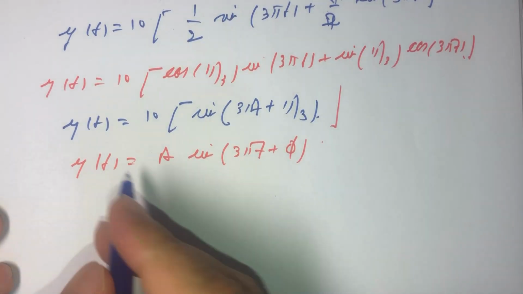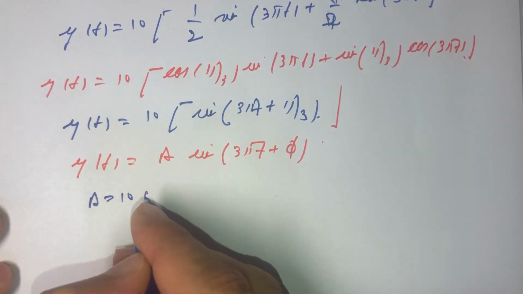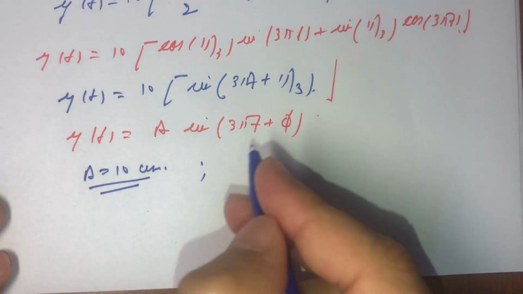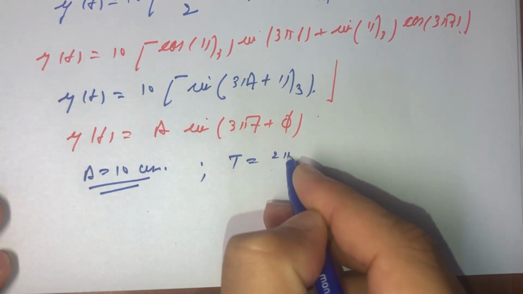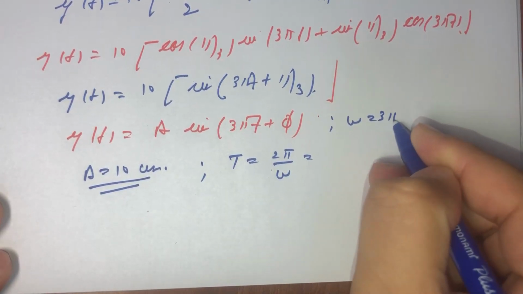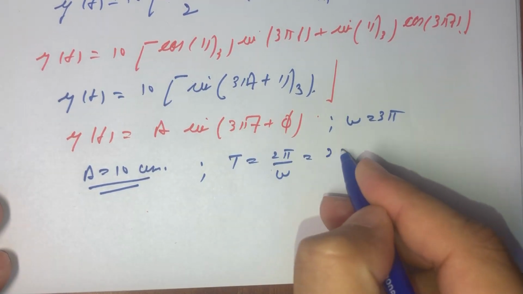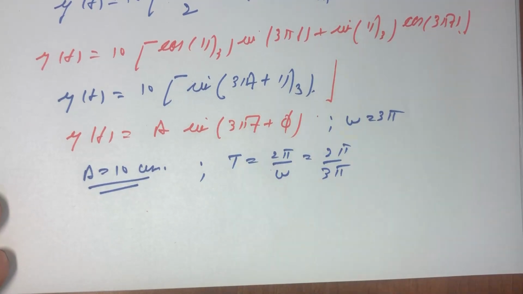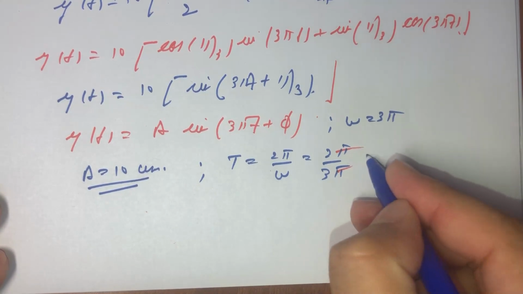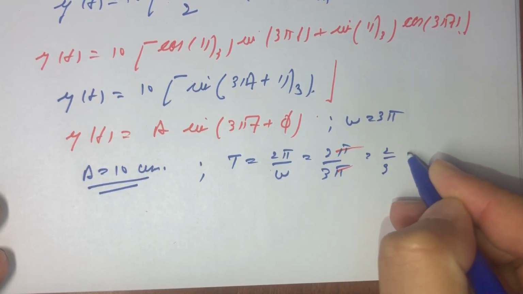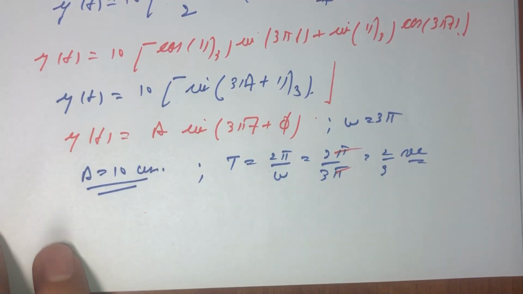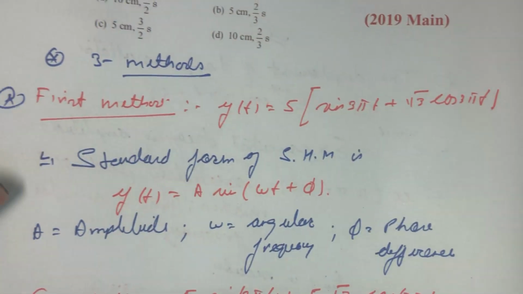From here, A is 10 centimeter, which is our amplitude, and the time period is 2π upon ω. ω is 3π. We substitute 2π upon 3π, π and π cancel out, so we get 2/3 second. So amplitude is 10 centimeter and time period is 2/3 second.